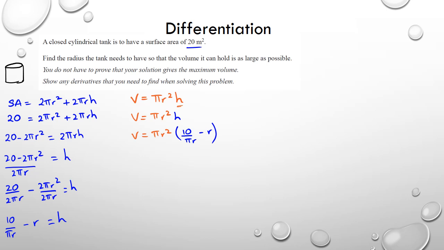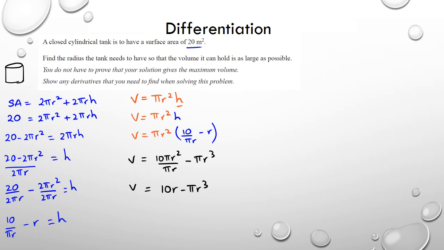From here, I expand. Volume is equal to 10 pi r squared divided by pi r minus pi times r cubed. Simplifying, I have 10r minus pi r cubed. So this is my function of the volume in terms of r. Now I need to differentiate this.